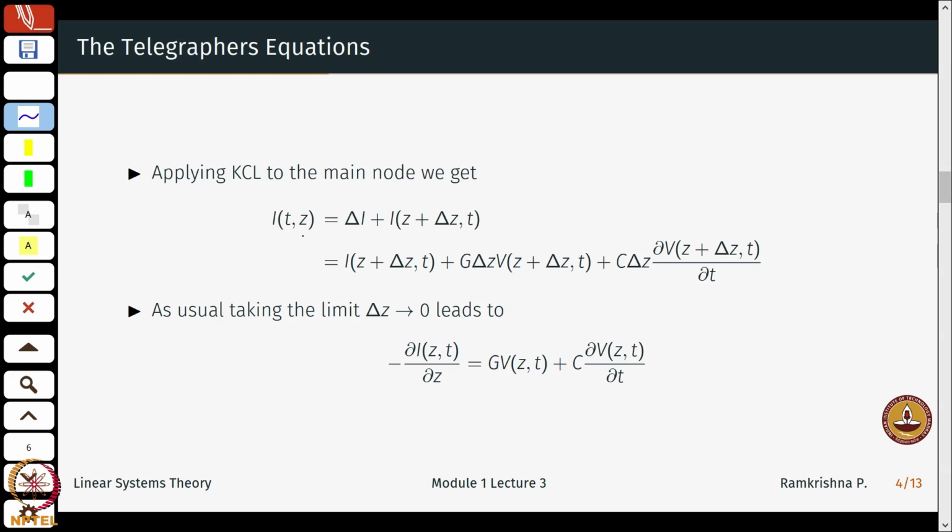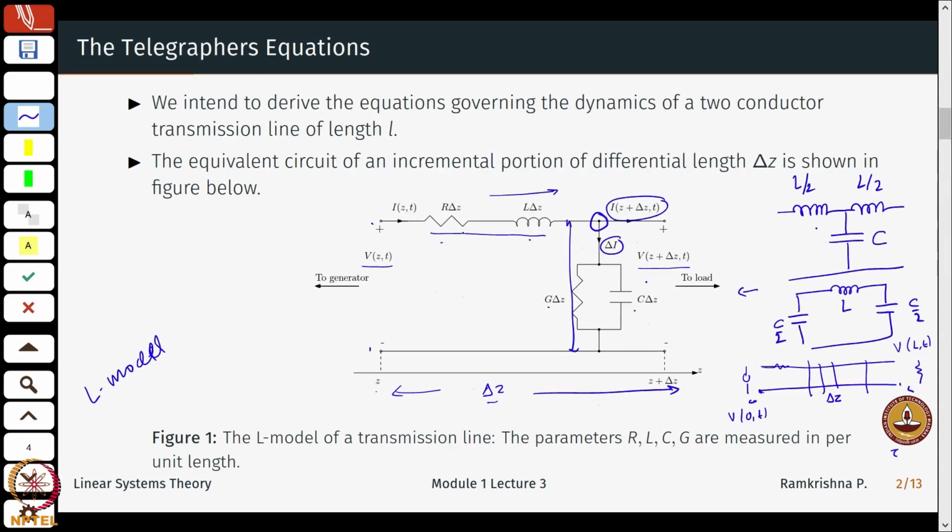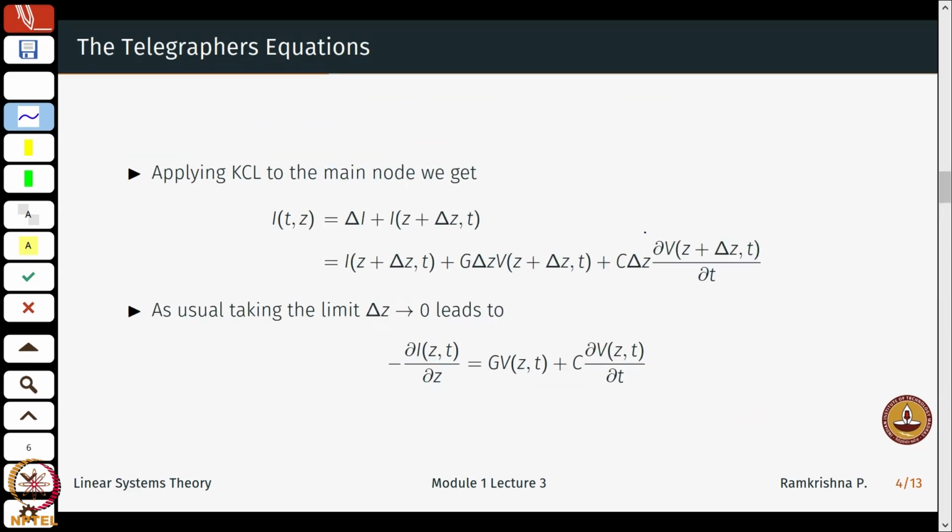I write I(z, t) is delta I plus I(z plus delta z, t), and I write this delta I in terms of V(z plus delta z, t) and these two elements here, because the voltage at this point is just V(z plus delta z, t). Then I rearrange terms, take the limit as delta z goes to 0, and I have another partial differential equation here.